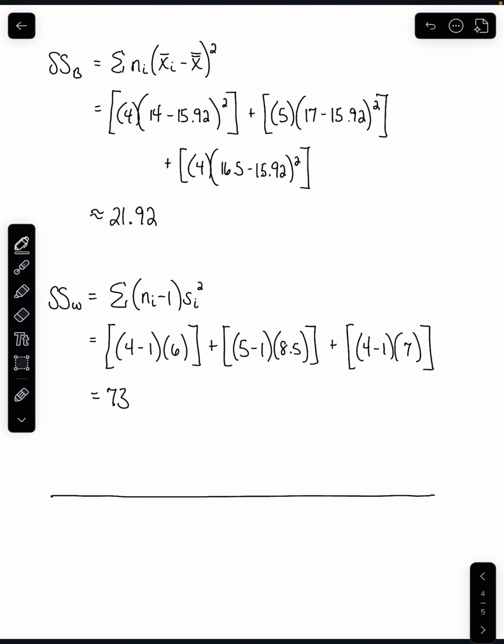So we are at the point now where we have all the pieces that we need in order to build this summary table.